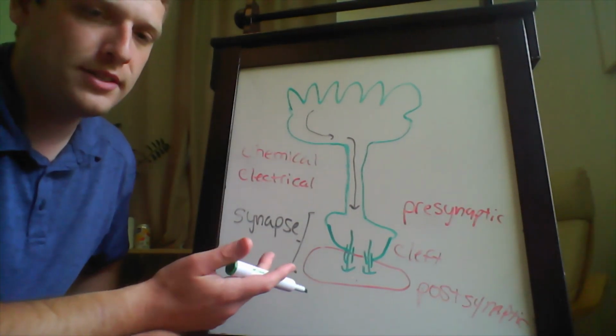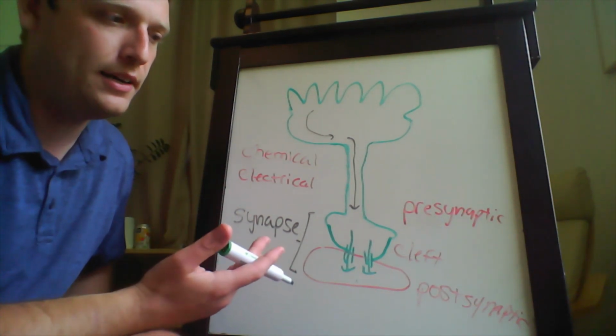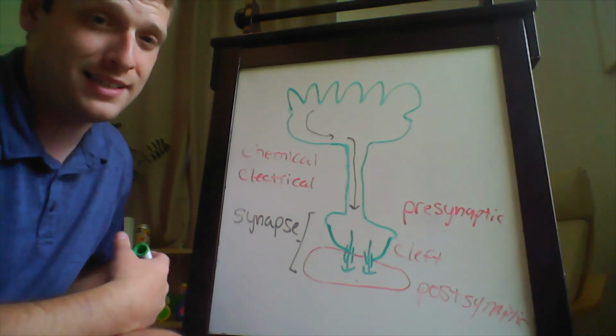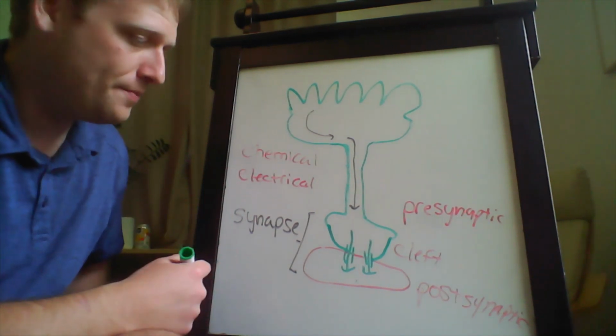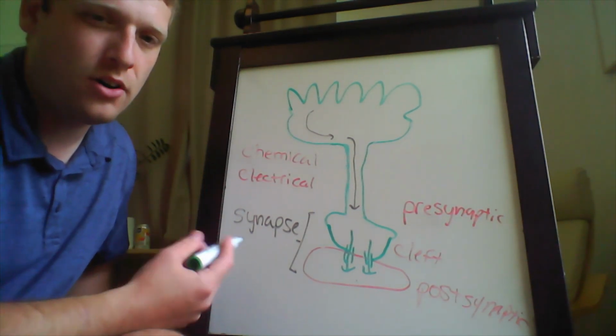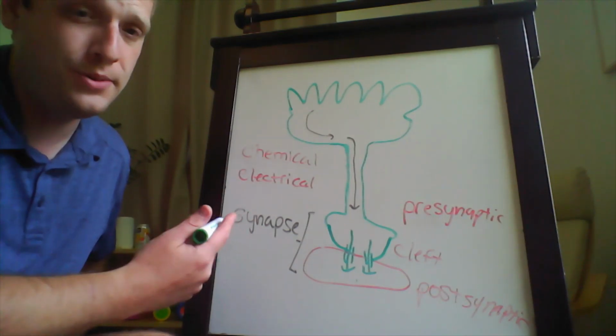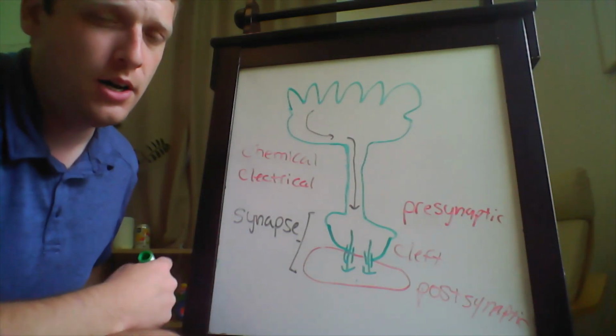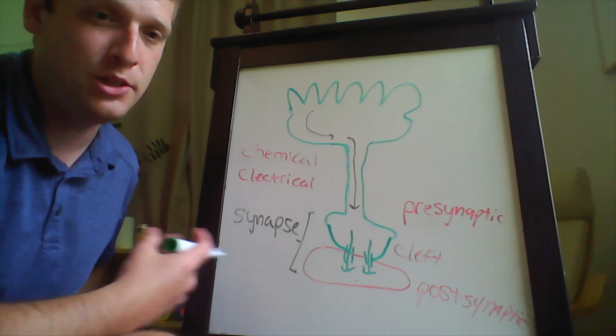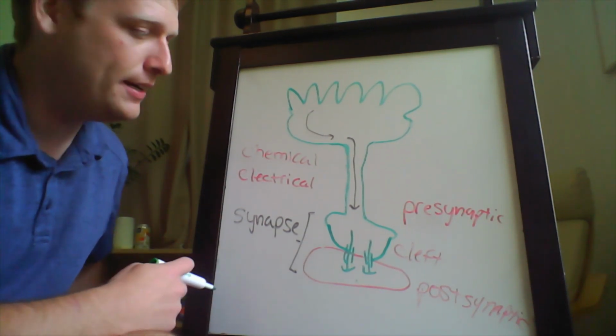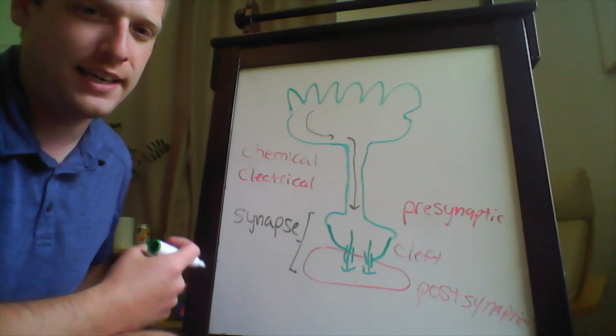And an electrical synapse occurs in the brain and places that need to process information quickly. And electrical synapses also serve other tissue types, like in smooth muscle, where you have rapid coordination between cells so that they can all be contracting at once.